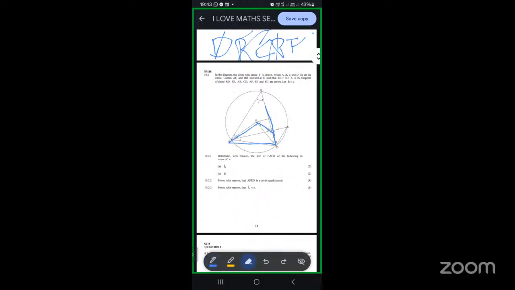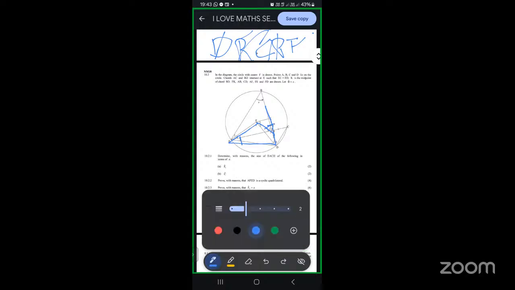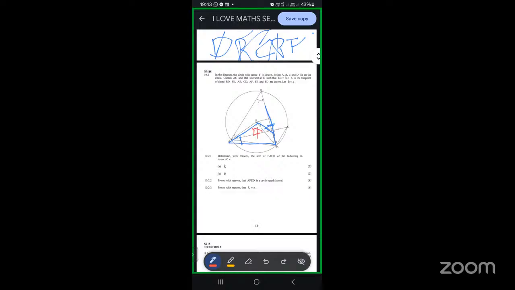Therefore, we can just try to find that angle, and then that will be equal to this angle. How are we going to find that angle? Okay, we had that angle as 2x, and this side is equal to this side, so this angle will be equal to that angle. Therefore, if I let this angle be A, that angle will be A as well.